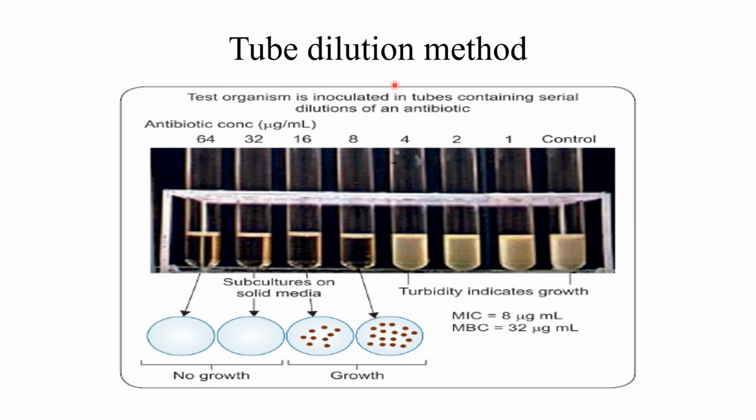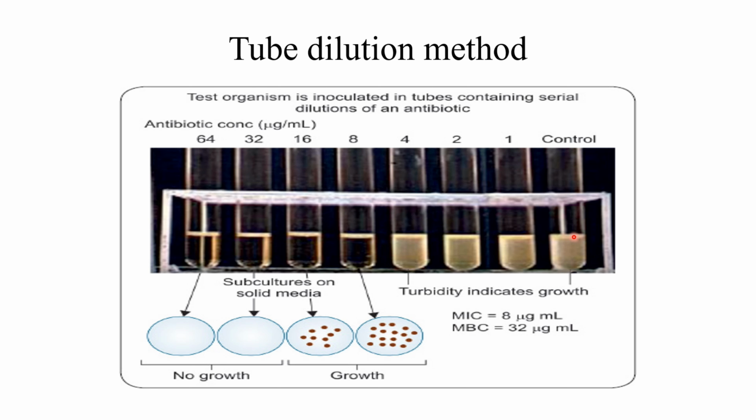Tube dilution method. The tube dilution method is also called the broth dilution method. Here, the test organism is inoculated into tubes containing serial dilutions of antibiotics. First we take the test tubes, and in each tube we add an equal volume of Mueller-Hinton broth.